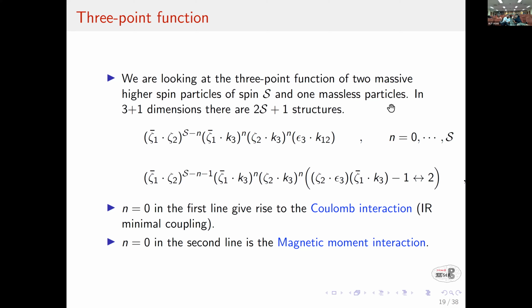The n equal to 0 here has the same derivative. The only difference is that this has the momentum of the hard particle, and this has the momentum of the soft particle. So when you take a soft limit, this is more dominant than the other. But if you're just counting derivatives, then these two are in the same order.